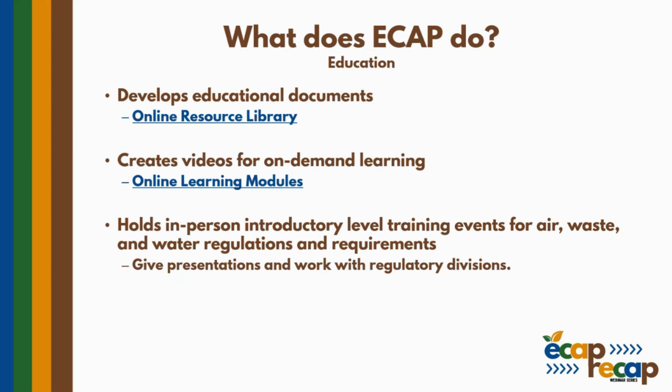So, I mean, it really varies; we can cover anything on any environmental topic. All of these documents are housed online in our resource library. And when we send this presentation out, that is going to be linked. So feel free to click on that and look around our online resource library.